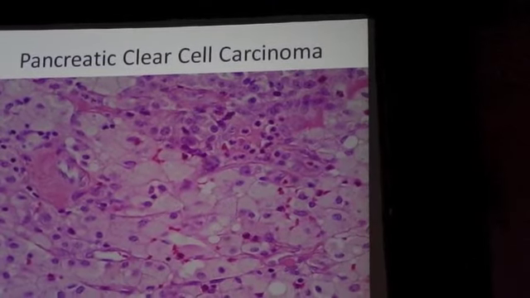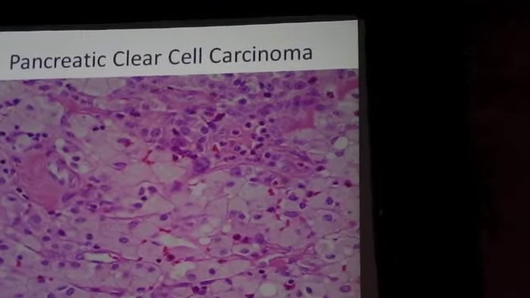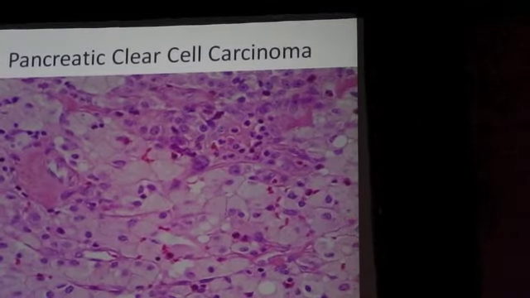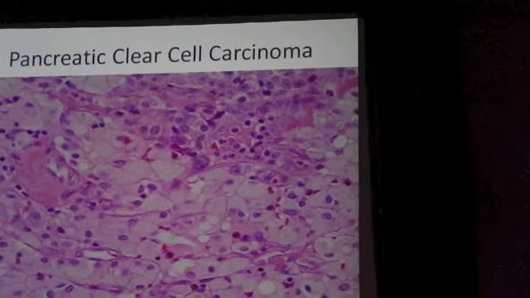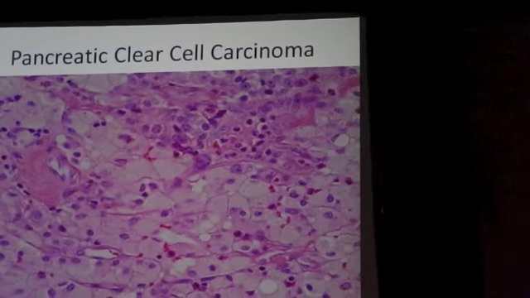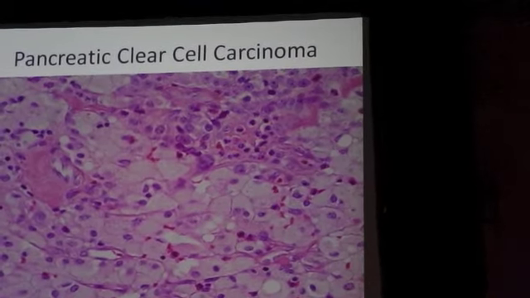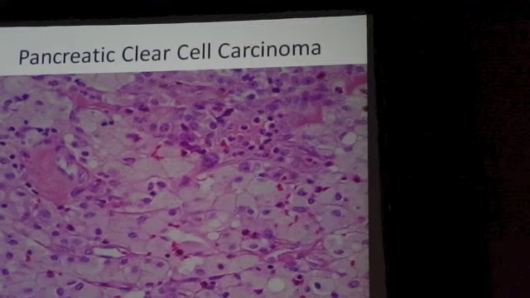So this is a feature not only in MEN1, in which you see multiple lesions in the pancreas, but in von Hippel-Lindau we also have multiple lesions in the pancreas affecting the endocrine cells.